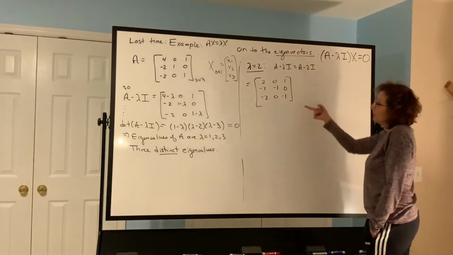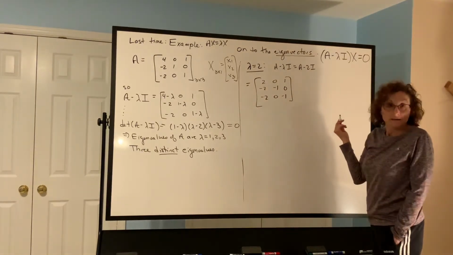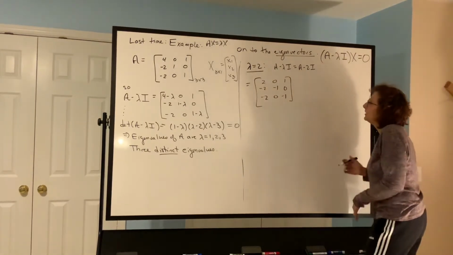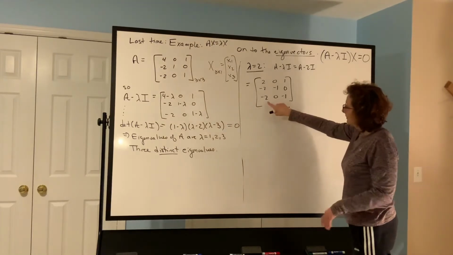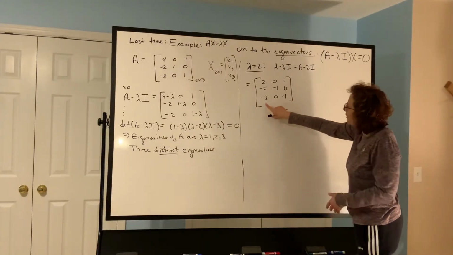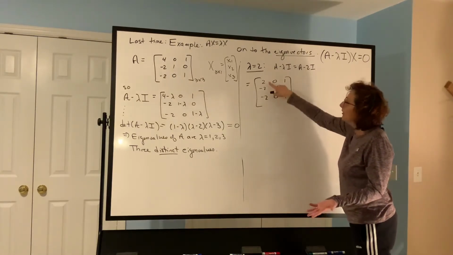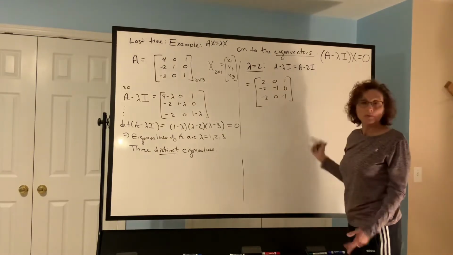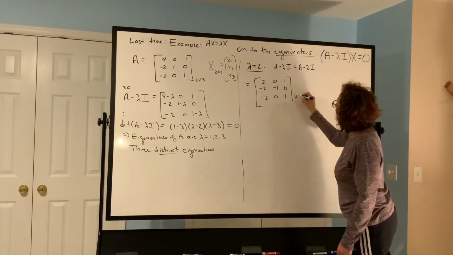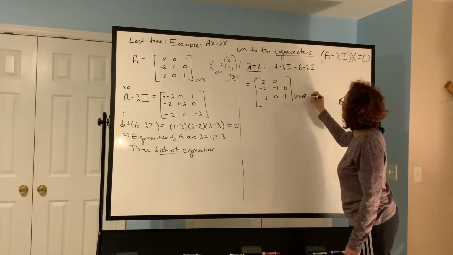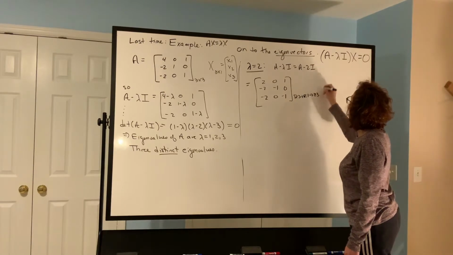And I want to simplify this so that I can read off the solutions, read off the answers. It's not too hard to notice that the very first thing you might want to do is just replace row 3 with itself plus row 1, because that's going to give me a row of zeros right there. So row 3 plus row 1 gives me my new row 3.